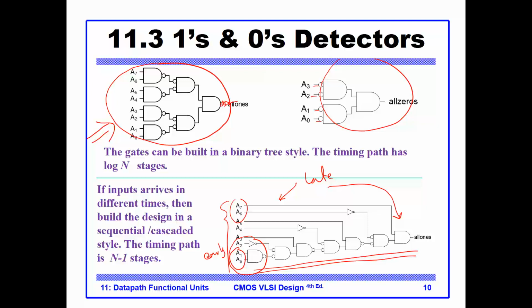This is exactly what happens: the signals that come early, we have all the time to process them through these gates, but the late signals you push to a later stage. So when the arrival times are different, you sort out the early signals at the bottom, and you put the late signal at the top, and you implement the AND gate in a serial fashion.